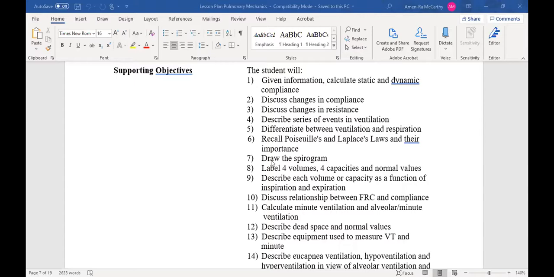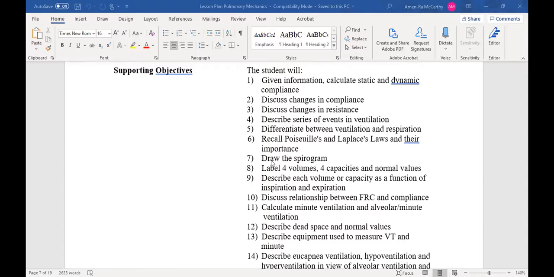Because I may ask you, IRV plus VT equals what? If you have it written down, you'll say, oh, that's IC. Those two together equal IC. Or if I say IC minus IRV leaves me with VT. You're going to have worksheets that do that.